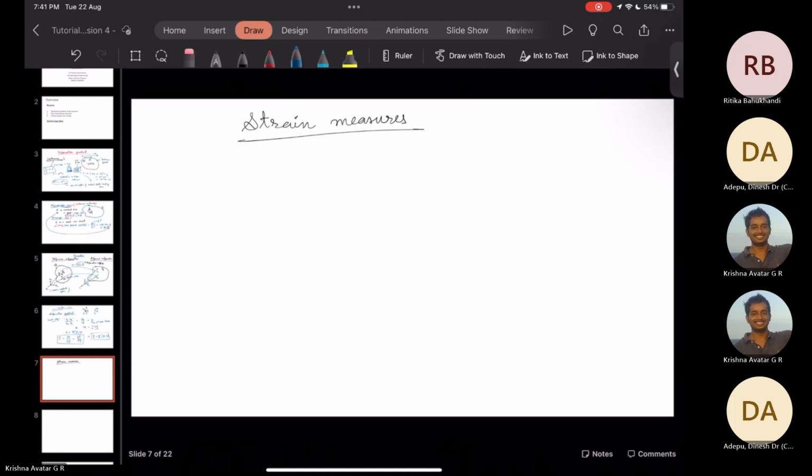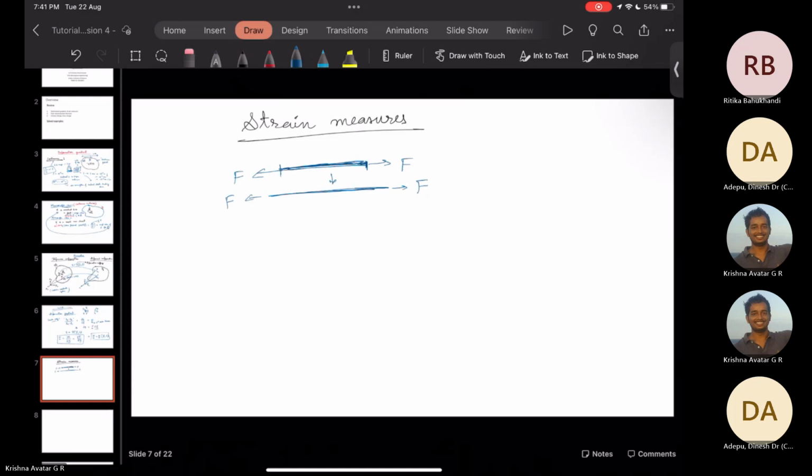So what does strain imply? Strain simply means that if you have some body and you apply some load, in this case a string with a load applied at both ends, it gets stretched. This is after application of the load.